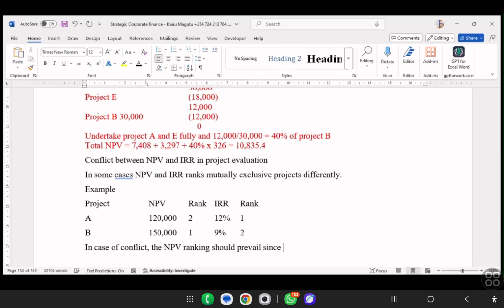Since it is consistent with the wealth maximization goal of the firm.